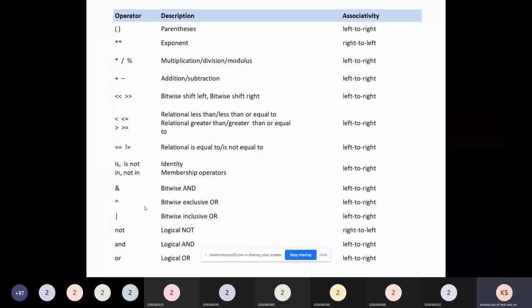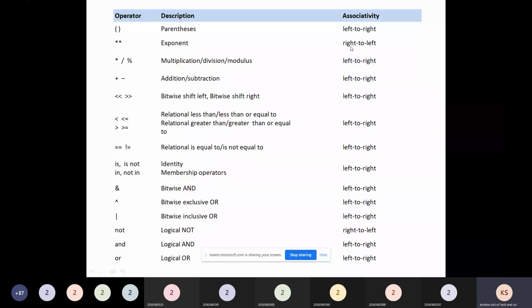So these are the associativity rules in the table. First, parentheses have the highest priority, and their associativity is left to right. Exponent has right to left.